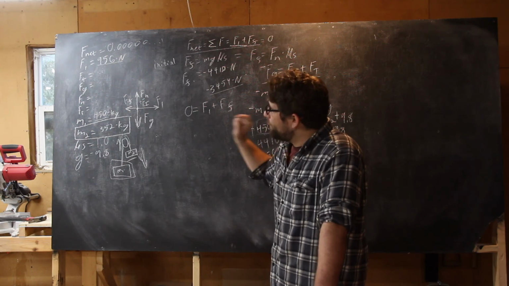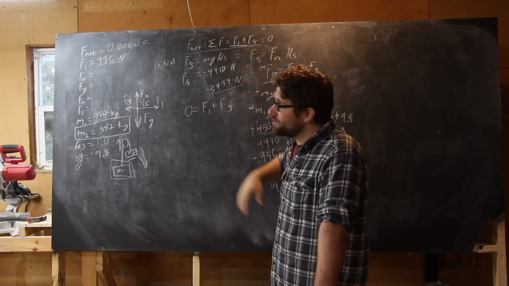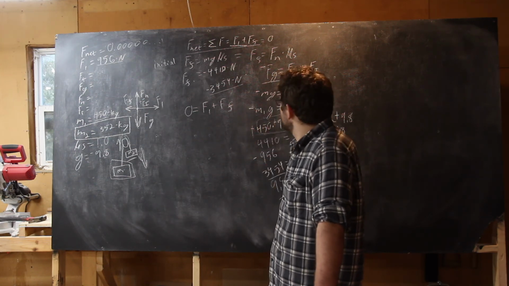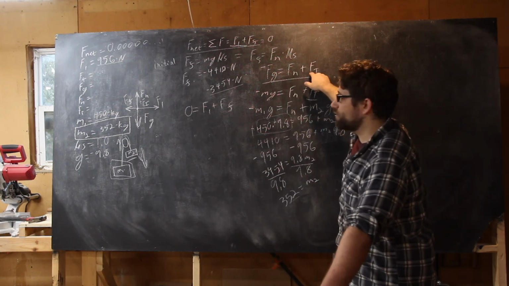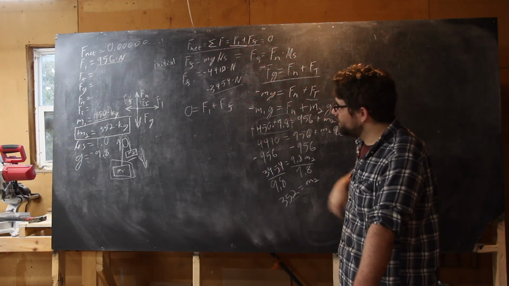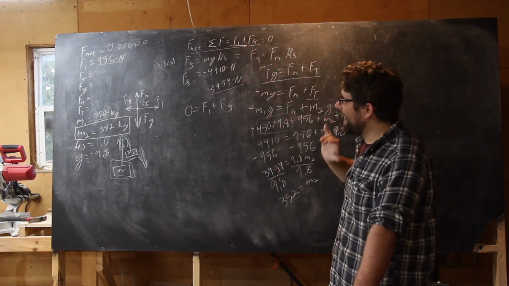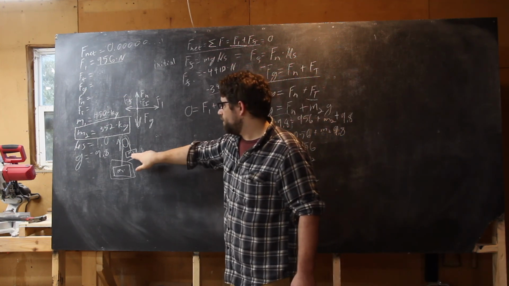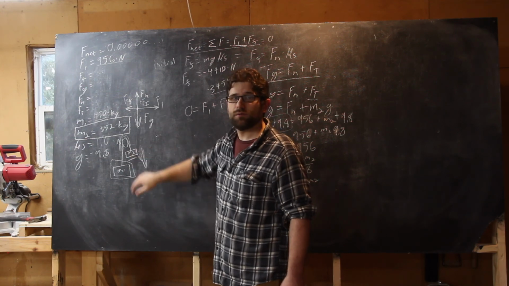We have to remember that that pulley is there. It is changing the direction of a force, specifically this force of tension. Okay? Force of tension in this problem is equal to the opposite of the force of gravity on M2.